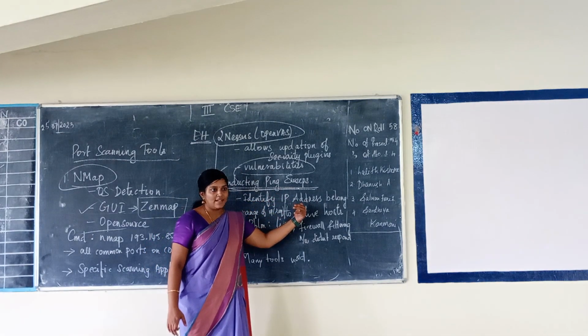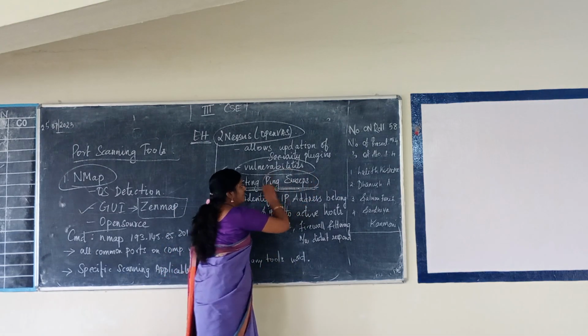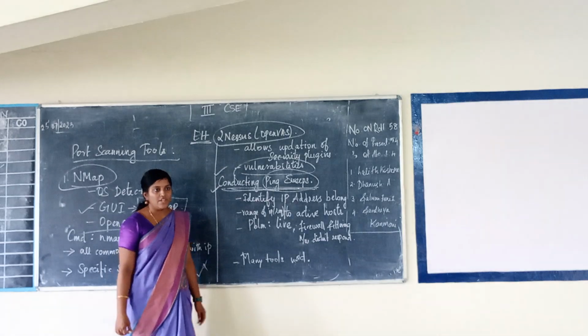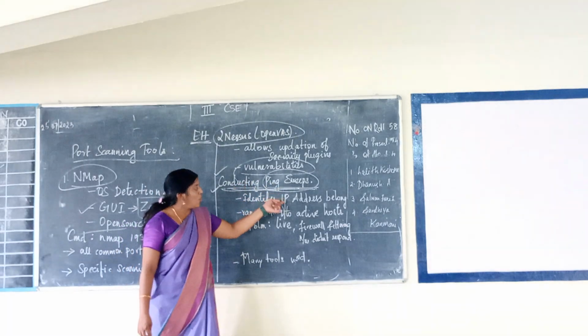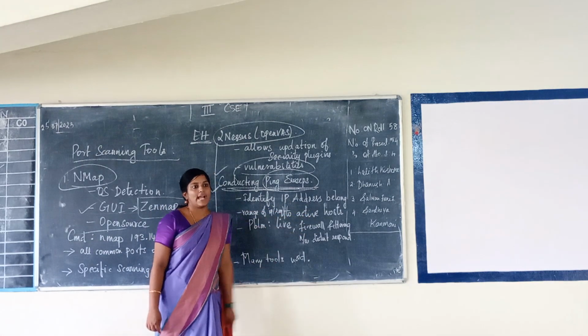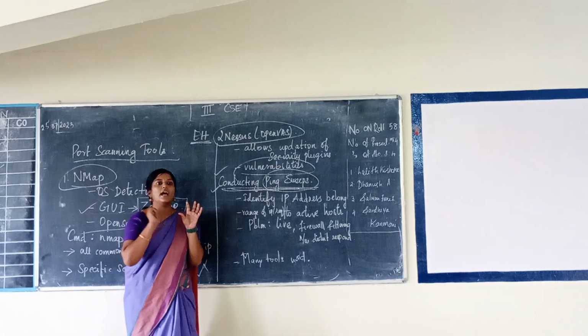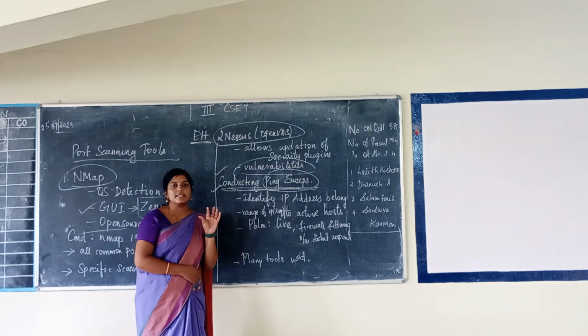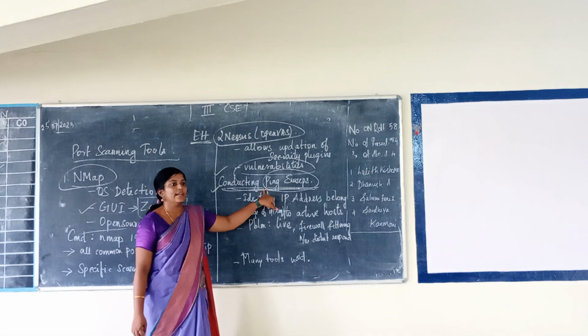So we conduct ping sweeps to identify all the IP addresses which belong to the currently active hosts. An active host is a computer, and the range of addresses connected to it is identified by conducting ping sweeps.